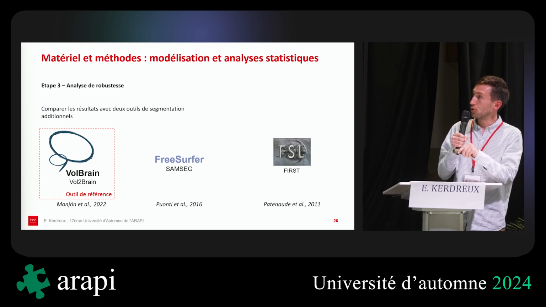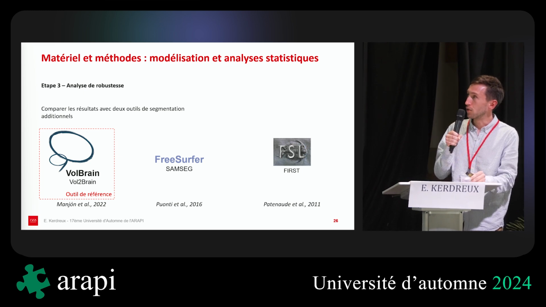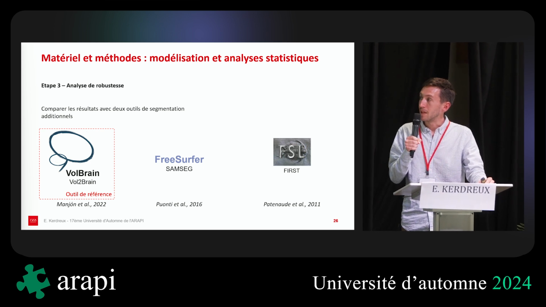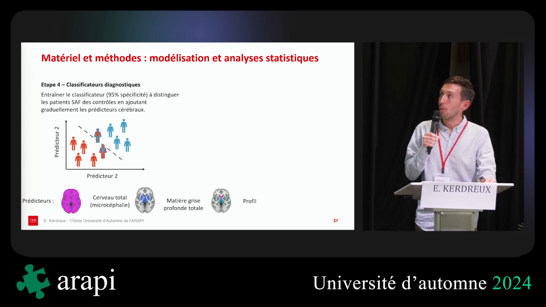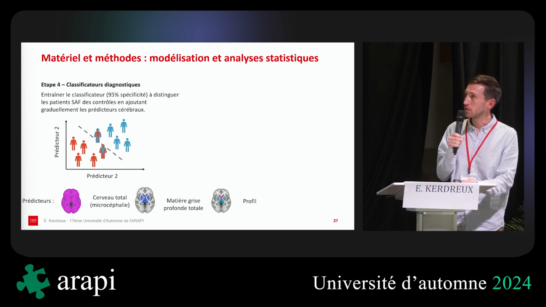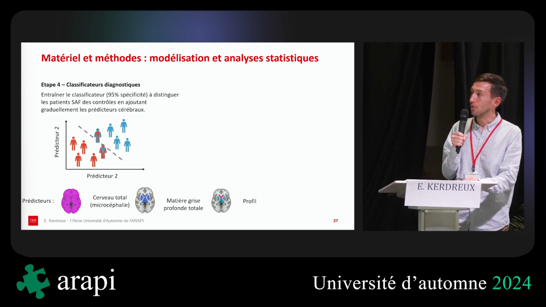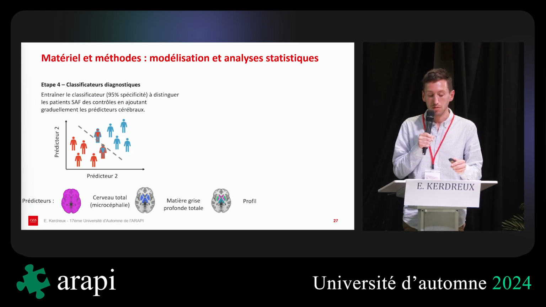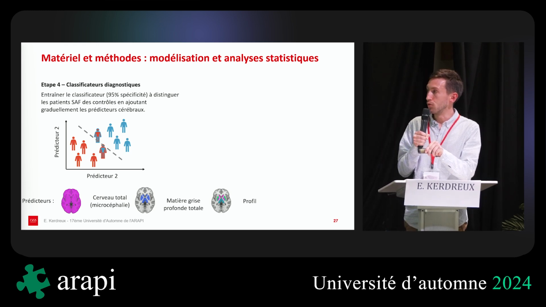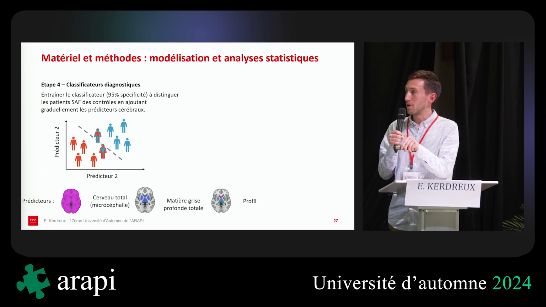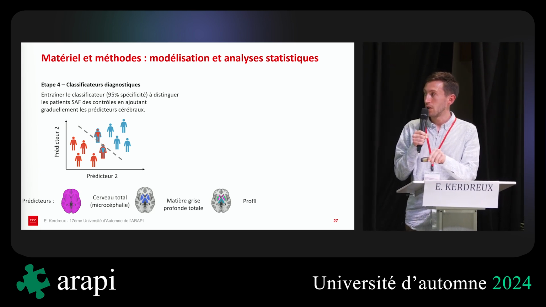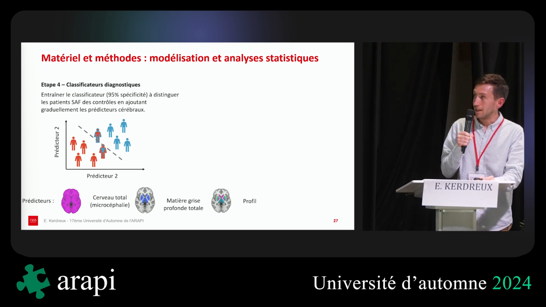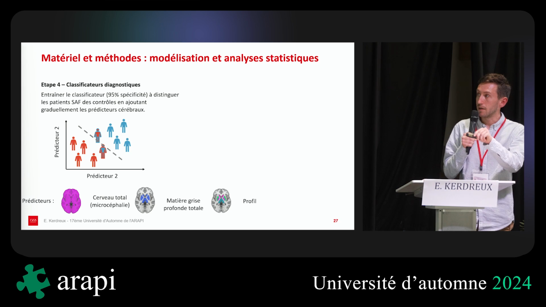We reproduced steps 1 and 2 using two tools to compare the robustness of our results. And then at a fourth stage, we created a diagnostic classifier, which is a linear logistic model. We used the neuroanatomical parameters: the reduction, the microcephaly, the size of the brain, the dimensioning of the deep gray matter, and the profile.